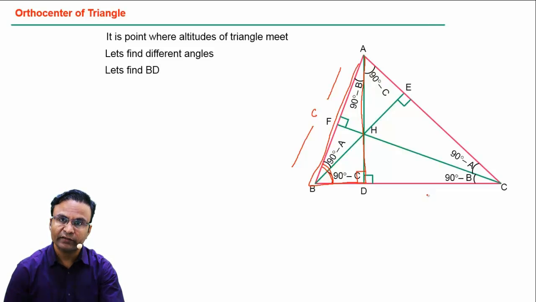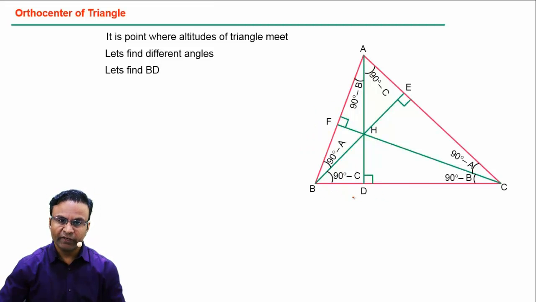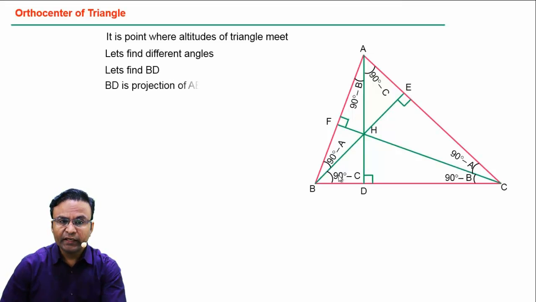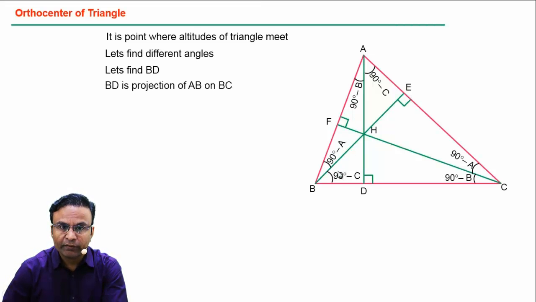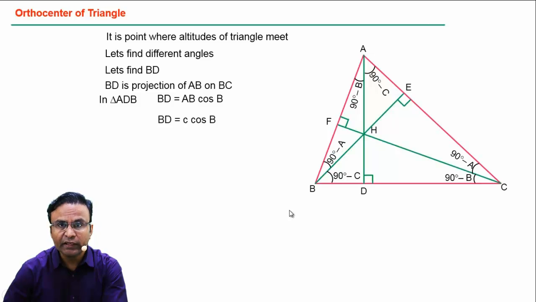We know how to get the projection of one length on another length. Now by solving this triangle, we can get length BD. From triangle ADB, we have BD is equal to AB cos B. AB is C, so we have BD is equal to C cos B.